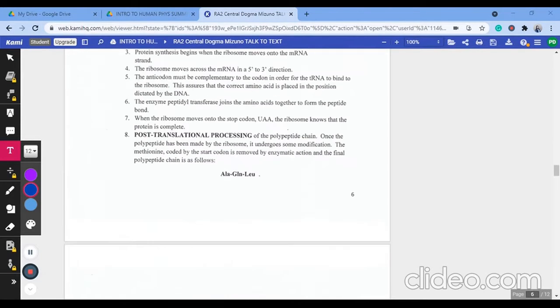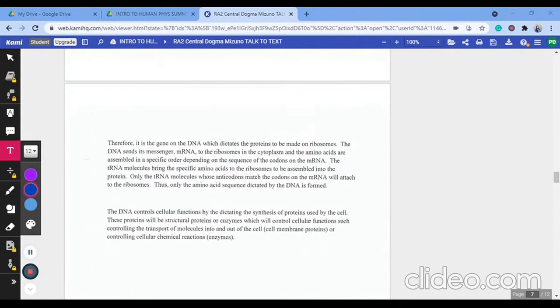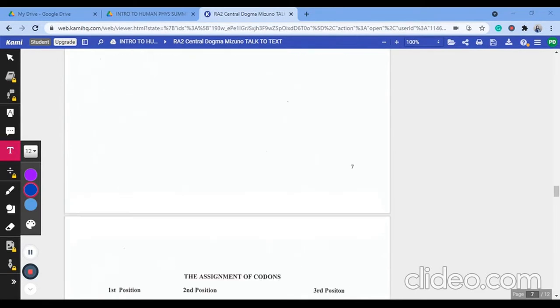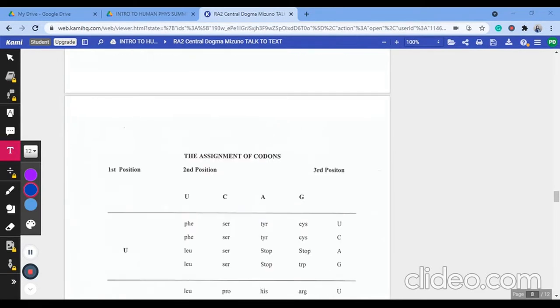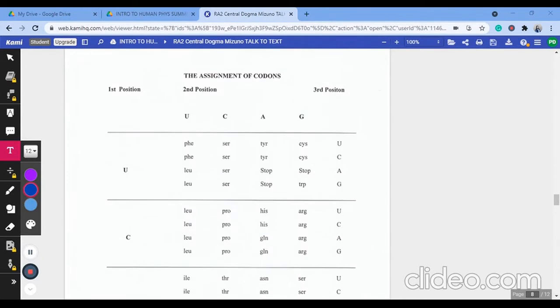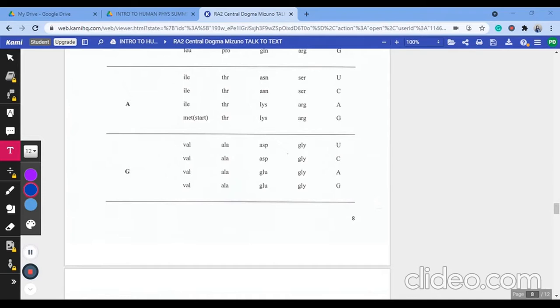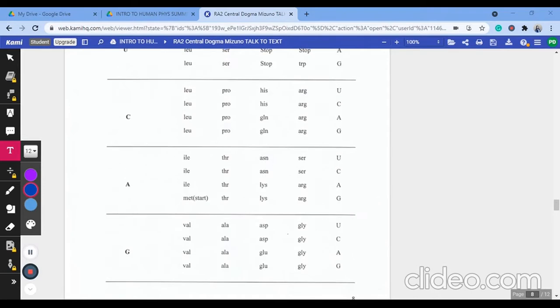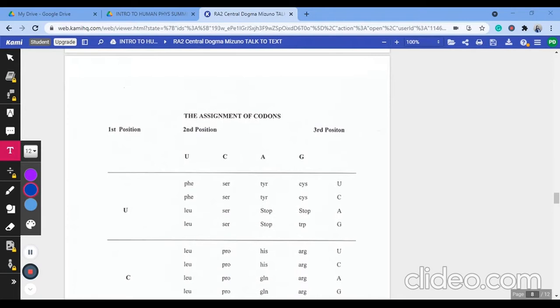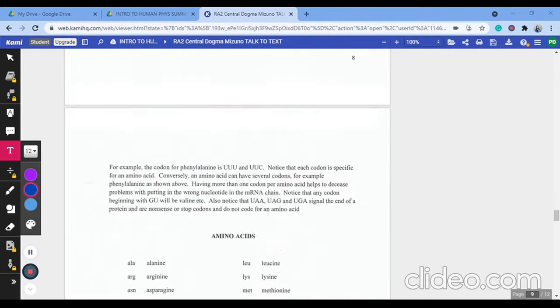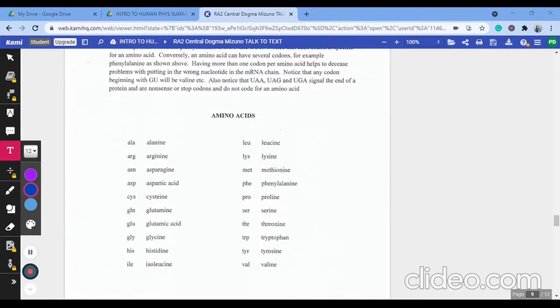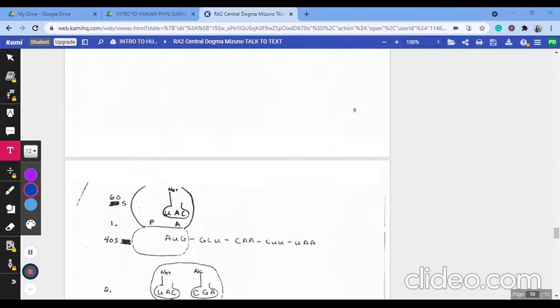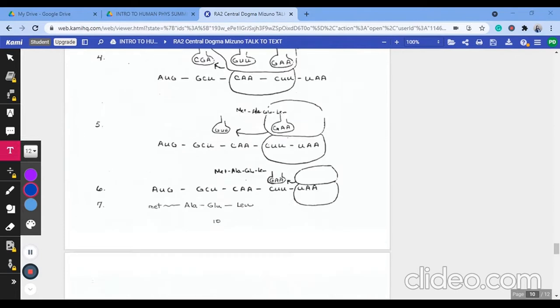So these are the parts that I need to annotate, and at the end, I believe there is a worksheet that includes the assignment of codons. That is probably what I can use to memorize the different types of codons. And then we'll move on to amino acids, and I'm not sure what that is.